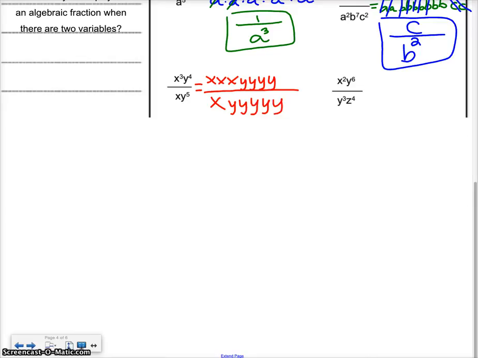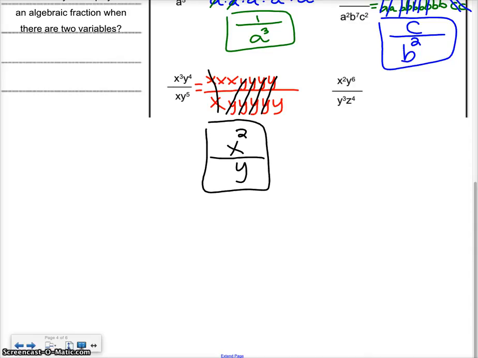Cross out what I share, 1 x. I share 4 y's. I can't cross anything else out. So on top I have 2 x's left, all over what's left on the bottom is a y. Yeah.